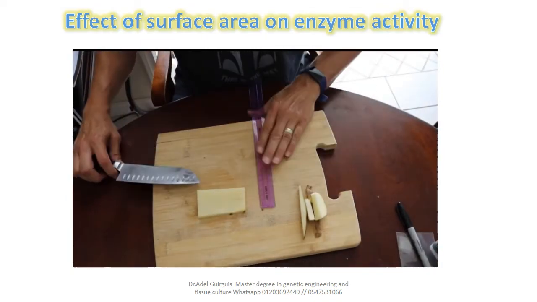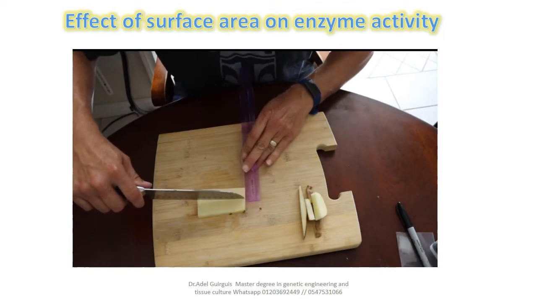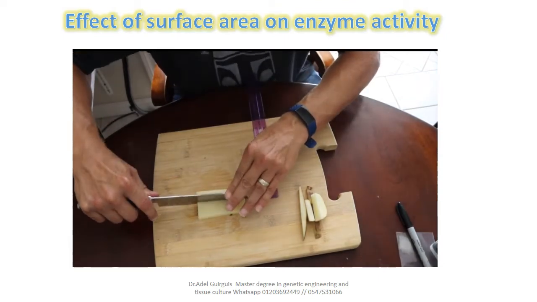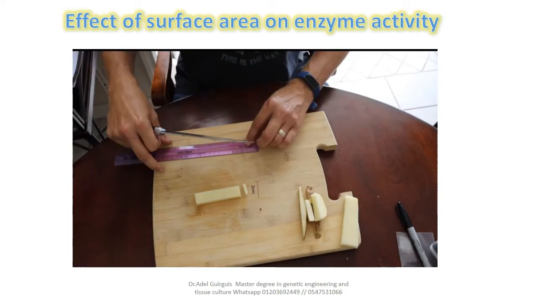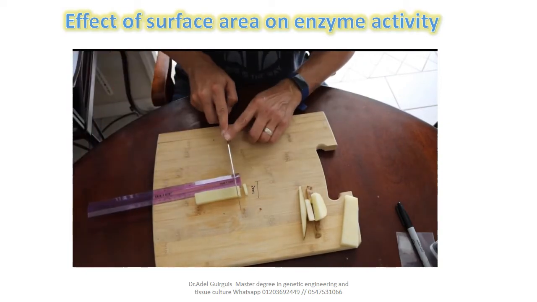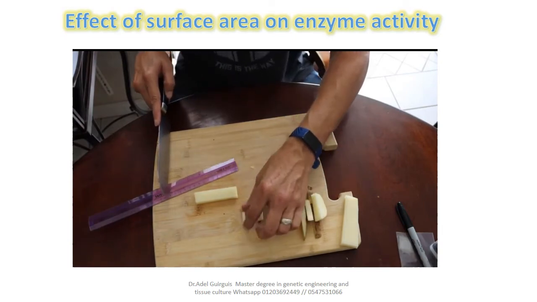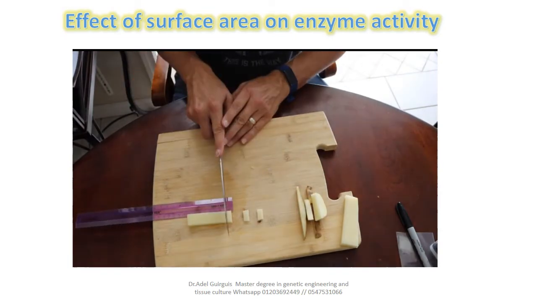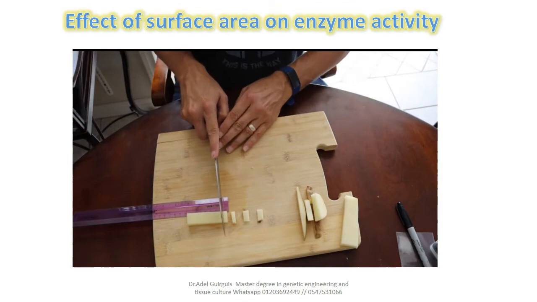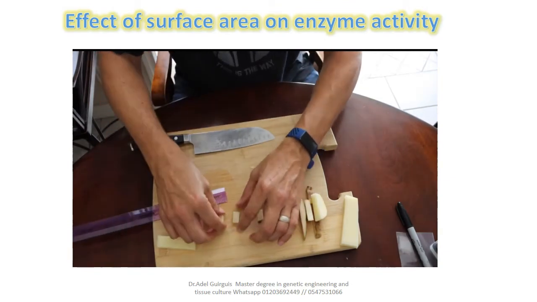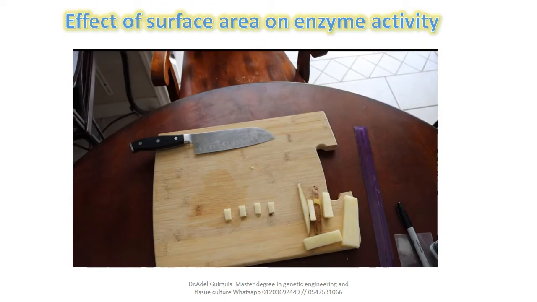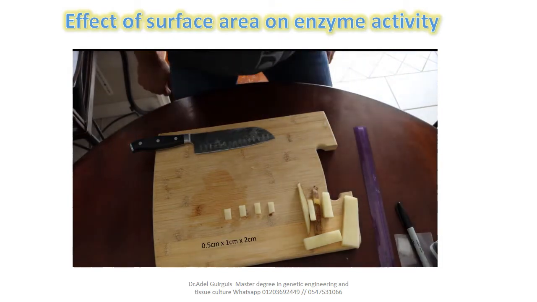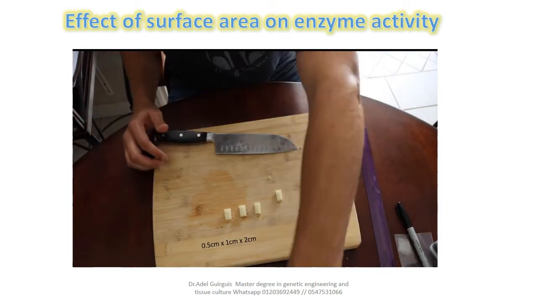I'm nowhere near using the knife at the speed that it appears because I'm just giving you a summary of it. Then we cut a 2 centimeter section, and then we cut 4 half centimeter sections like you see there. And again, this is high speed, so I'm really not cutting this quick. And so the result at that point is we have our 4 pieces of potato, 1, 2, 3, and 4, and they are 1 centimeter by 2 centimeters by half a centimeter.